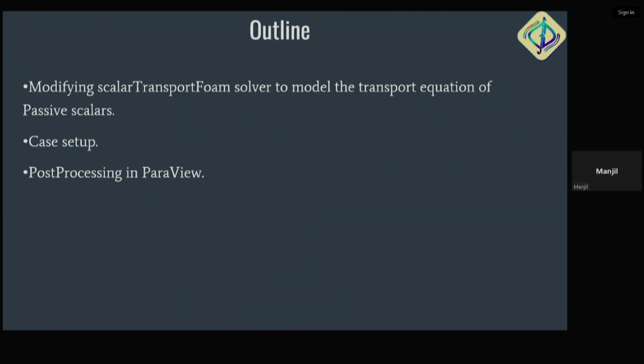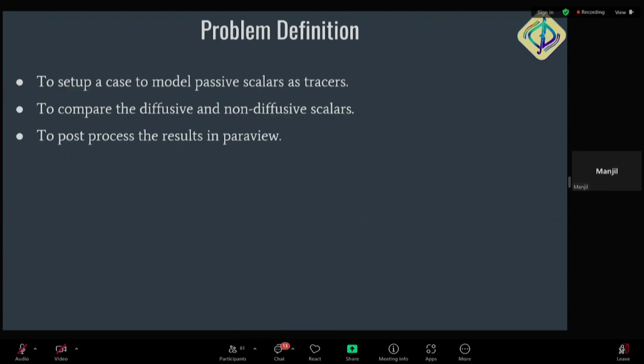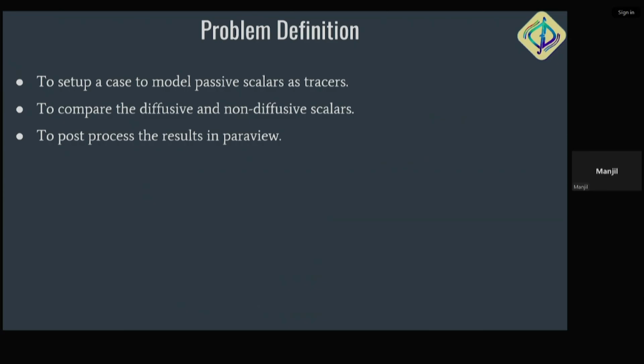We'll be tweaking the scalar transfer form solver slightly to incorporate our equations, so you can call it a modified solver. The problem definition is that we will be setting up a case to model the passive scalars as tracers, comparing the diffusive and non-diffusive scalars, and finally post-processing the results in ParaView.